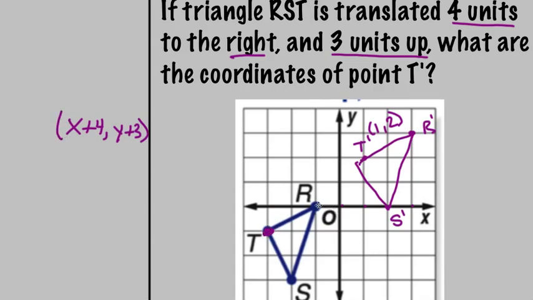T was -1, 2, 3, -1. So it was -3, -1. This is the x, this is the y. If I take this x and plug it in right here, I get -3 plus 4.